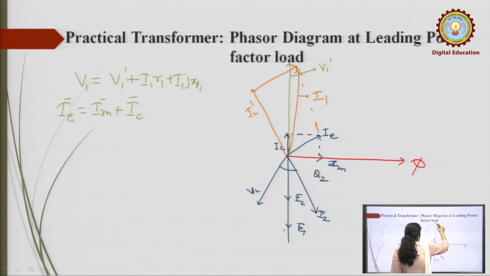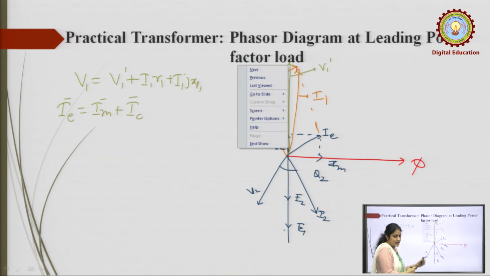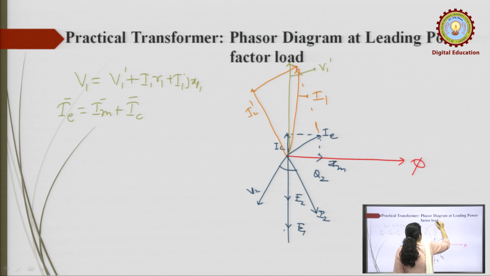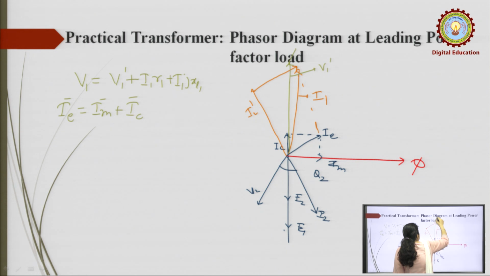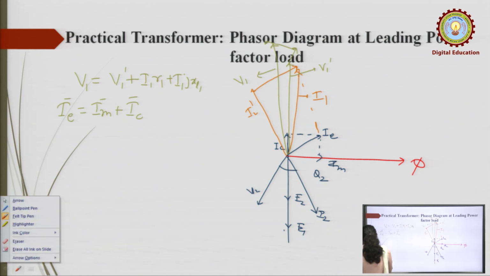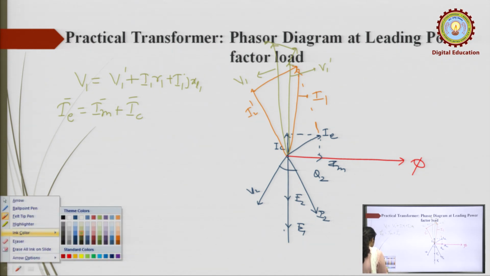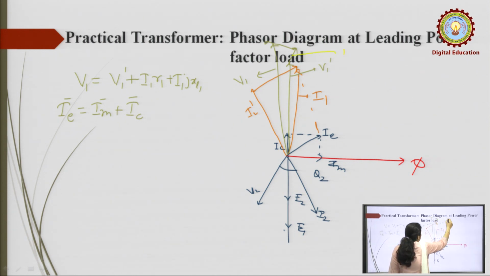This is I1. I1 R1 is parallel to this I1, and I1 XL1 is 90 degrees with I1. This gives you V1. This is your I1 R1 and this is your I1 XL1.